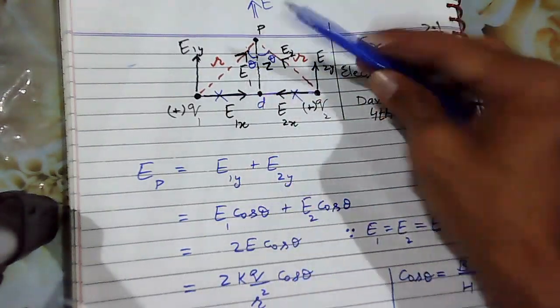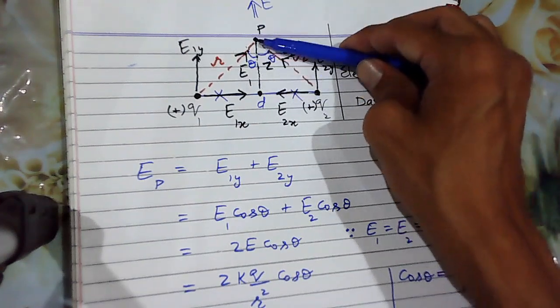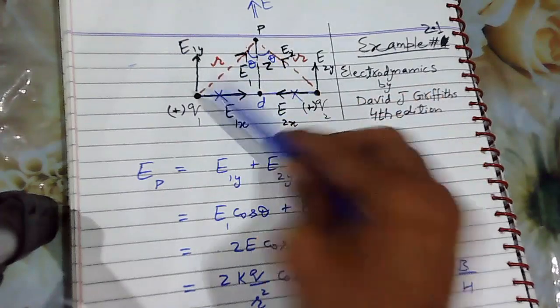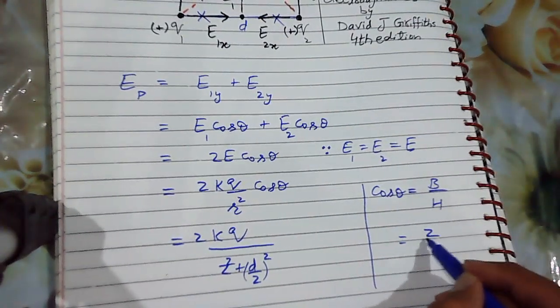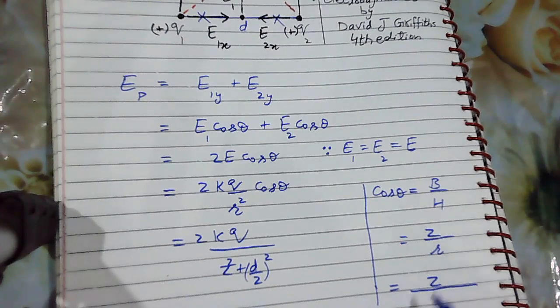I've just told you that the side adjacent to our angle is named as base. So here base is z, and the hypotenuse is r. So I can write z by r. And what would be r? According to Pythagoras theorem, r will be equal to the square root of z square plus d by 2 square.